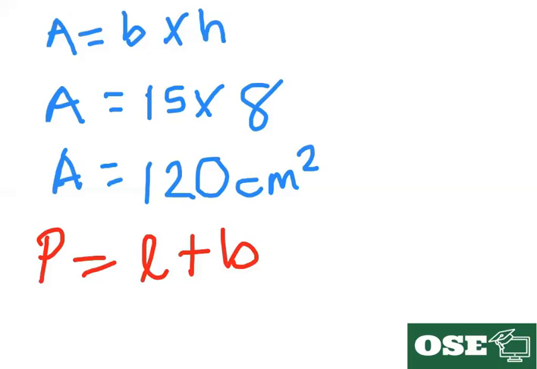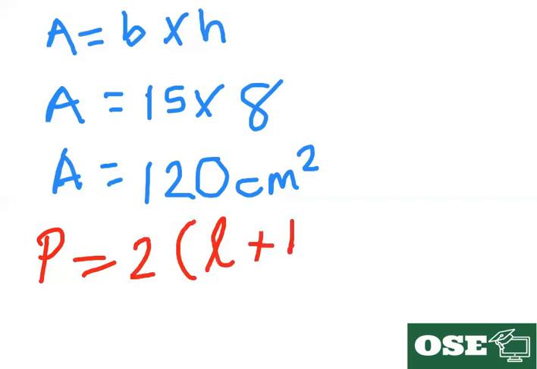So give me a simpler formula. It is 2 open bracket length plus breadth close bracket.